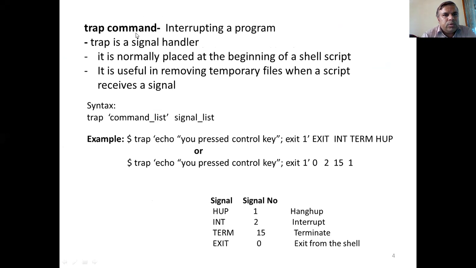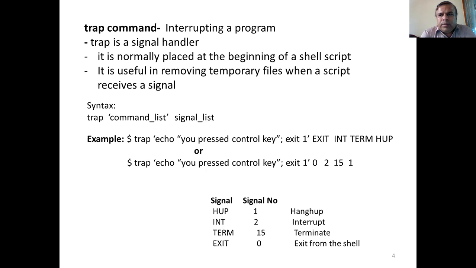The trap command is used for interrupting a program. Sometimes it is necessary to interrupt a running shell script. By default, you can interrupt the program by pressing the interrupt key, that is Control D, to terminate a program.